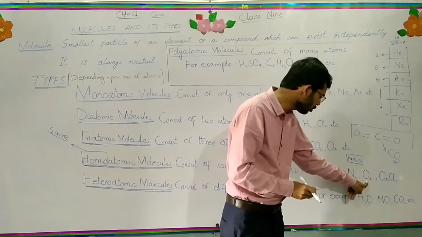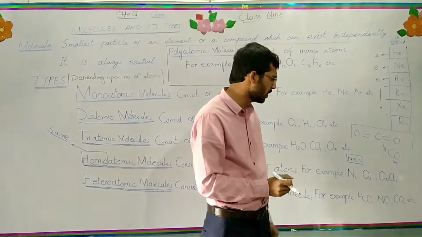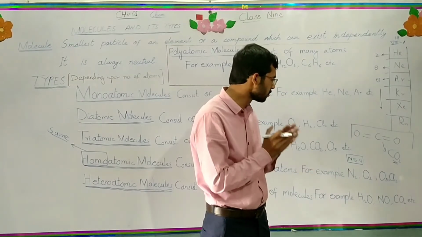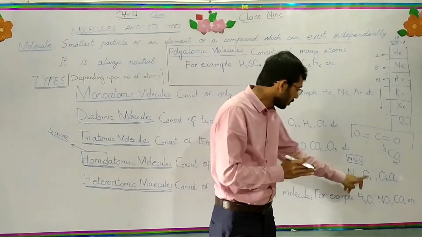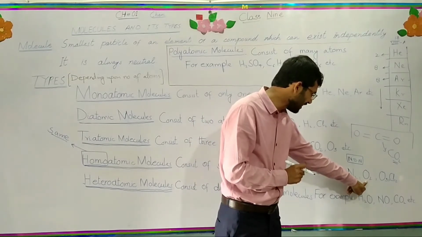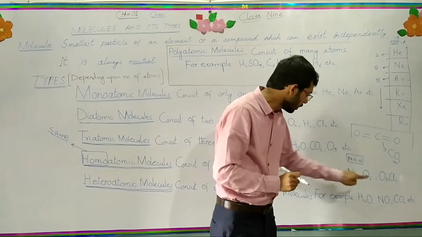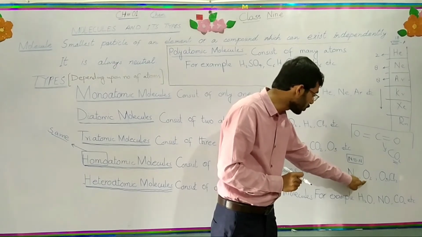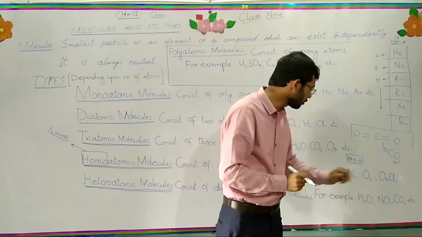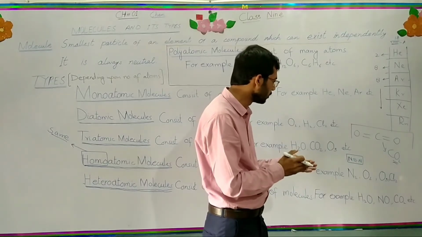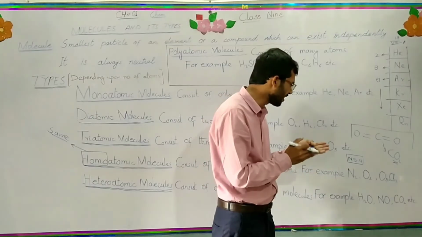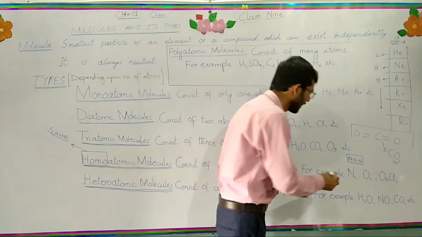And the second one is oxygen. The atomic number of oxygen is 8. It has 2 electrons in the first shell and 6 electrons in its second shell, or valence shell, so it requires 2 electrons to complete its valence shell.